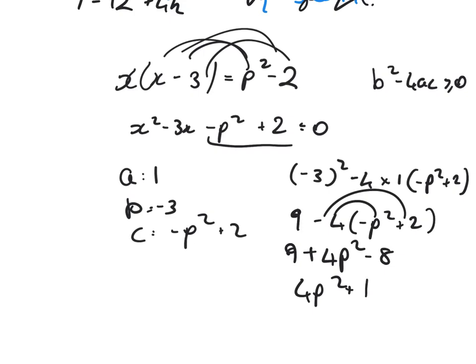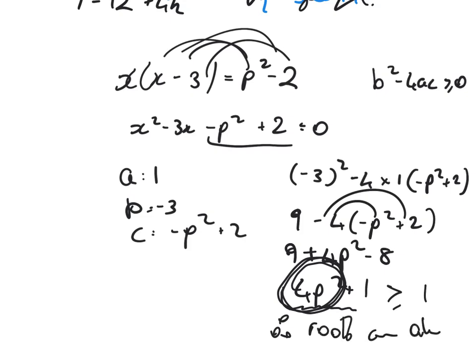Now, since p squared must hold a value which is always greater than or equal to 0, then 4p squared must always hold a value which is greater than or equal to 0, and 4p squared plus 1 must hold a value which is greater than or equal to 1. Therefore, roots are always real, and for that matter, unequal.